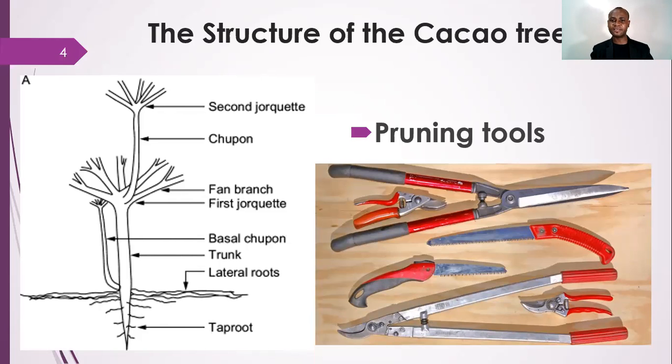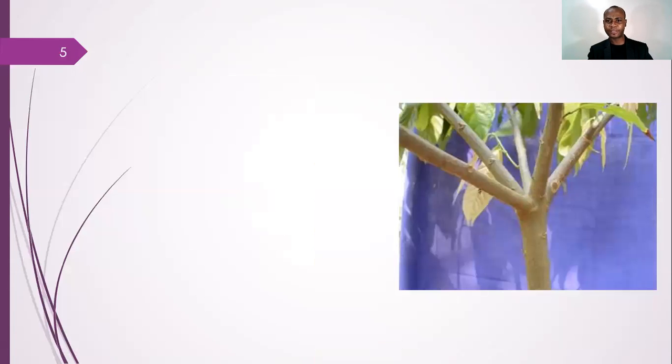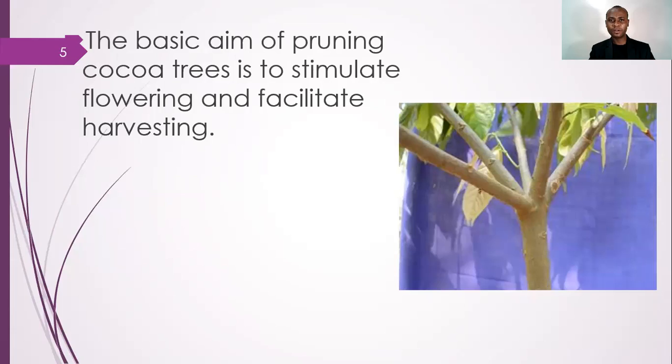So understand this. These are some of the pruning tools that you can use to prune the farms. If you don't have these kinds of tools, you have to buy them so that you don't cause damage to the stems. All right, so let's continue.